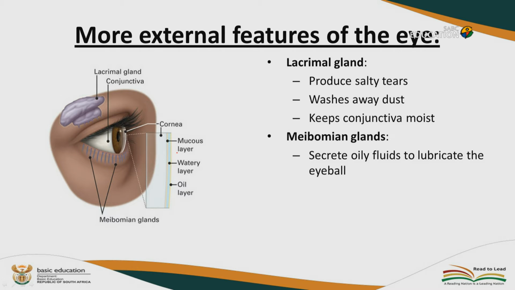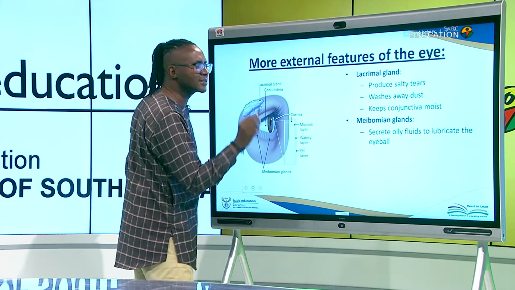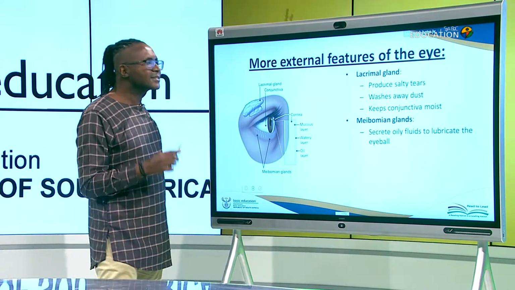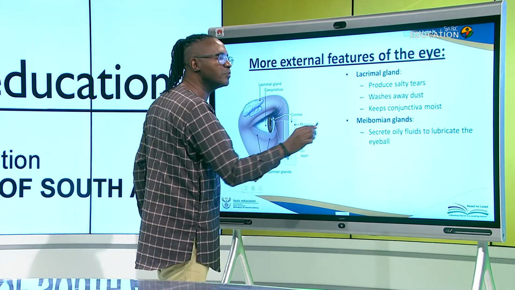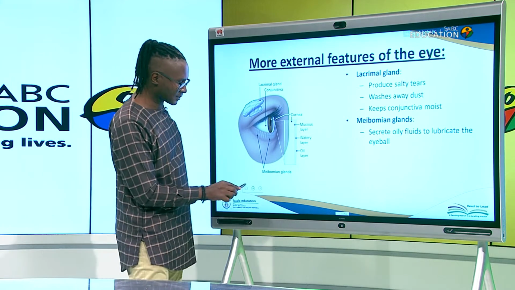And we know that the coronavirus attaches itself to the fluid. So these glands secrete the fluid that moistens the conjunctiva and removes waste. So in essence, they are important because they protect us against anything that can harm us.